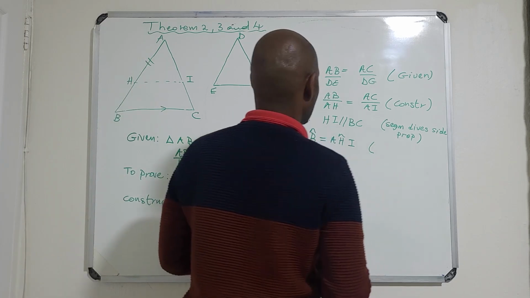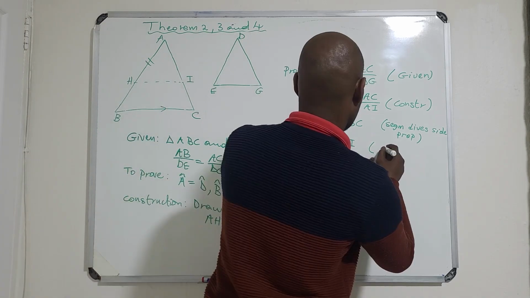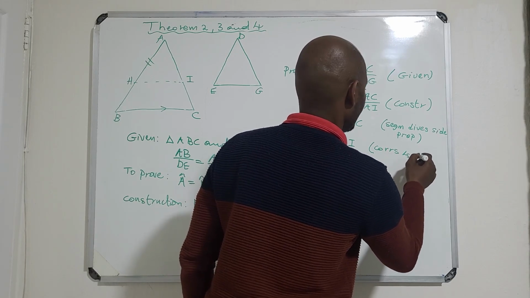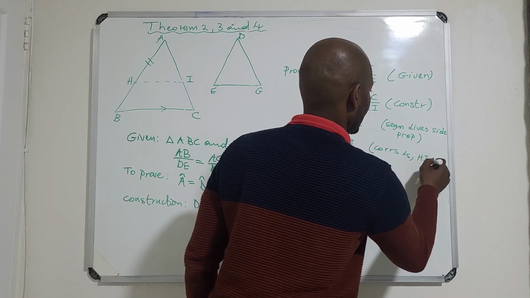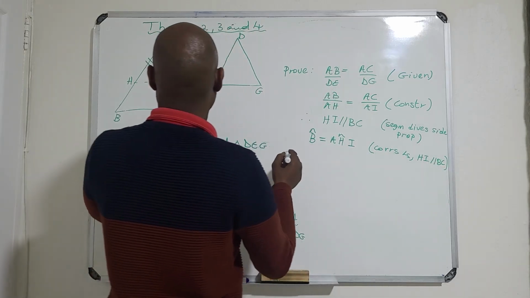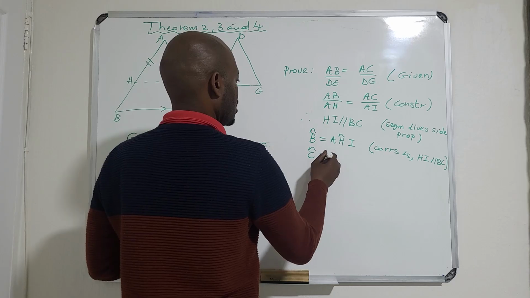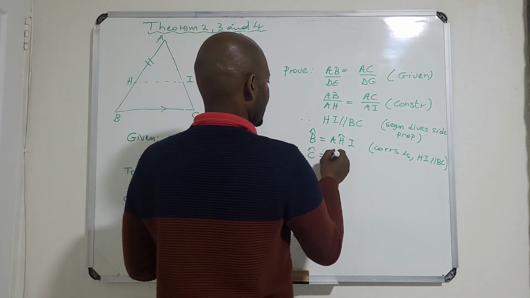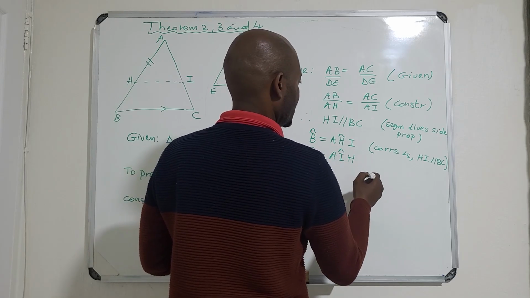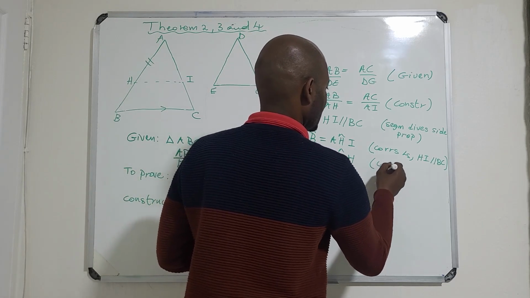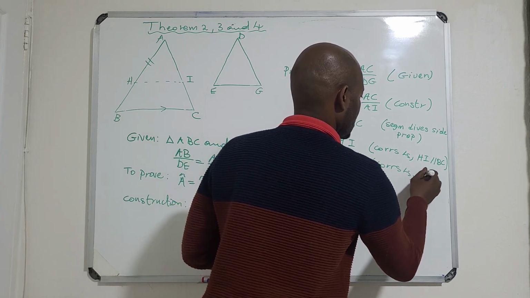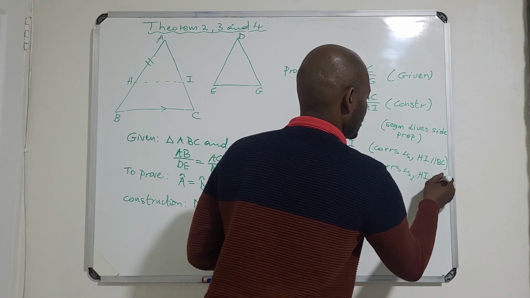Reason: corresponding angles, because HI is parallel to BC. Also, angle C is equal to angle AIH. We still have the same reason, corresponding angles, HI parallel to BC.